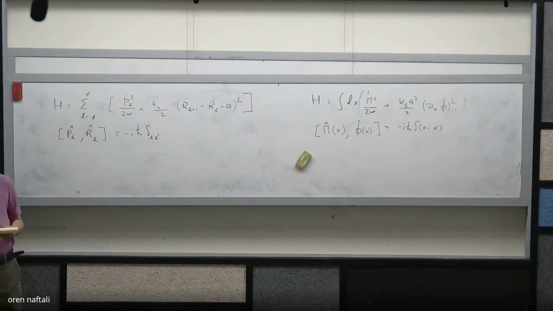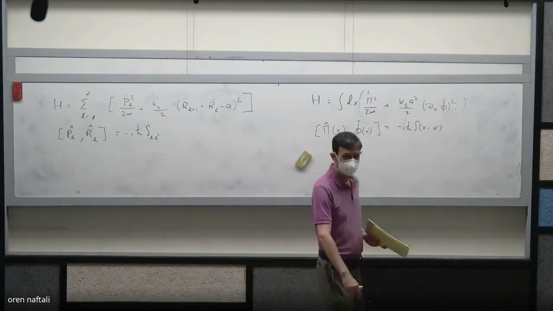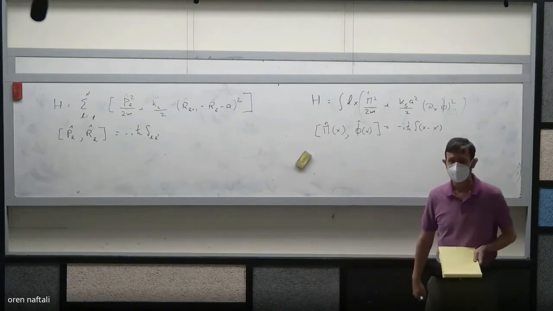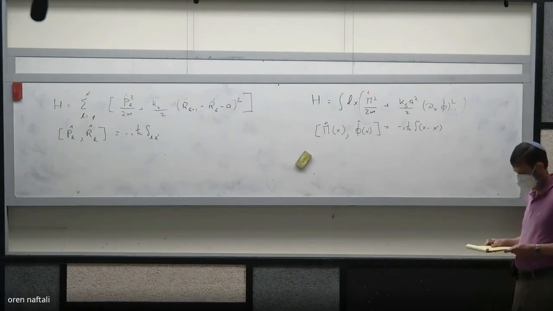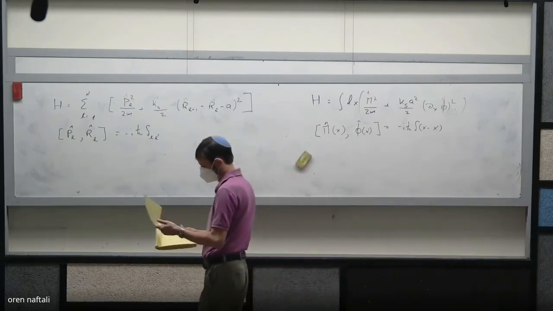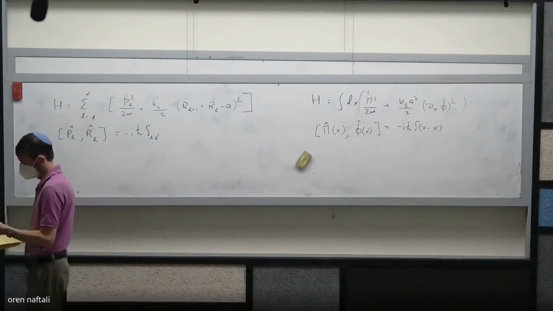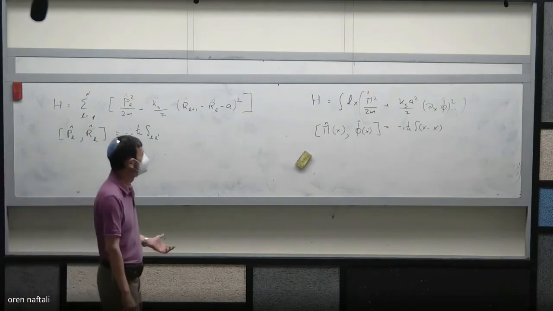Kronecker delta becomes Dirac's delta, and that's it.